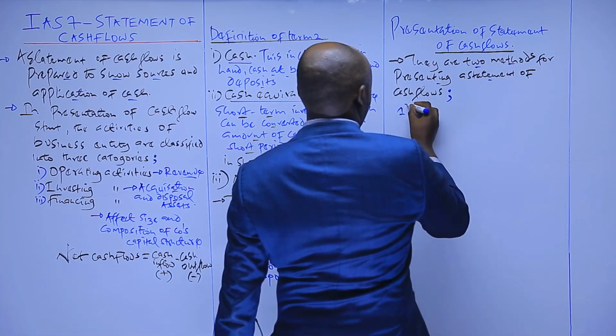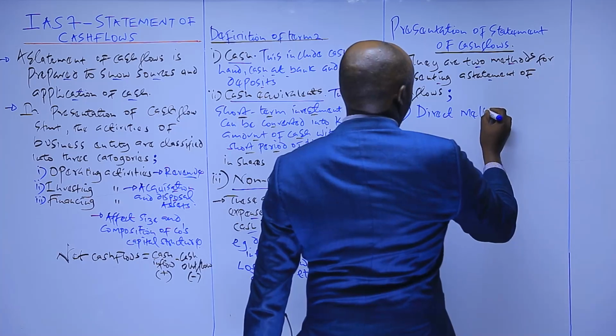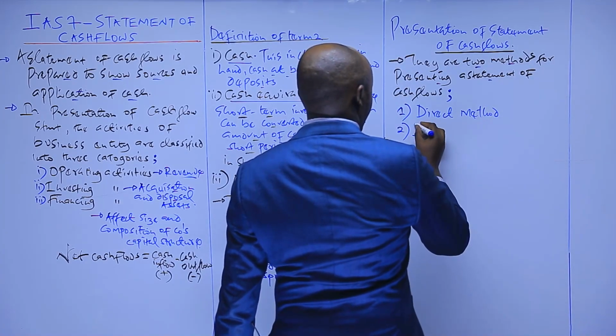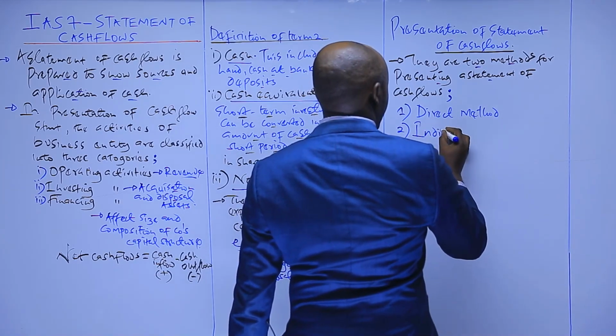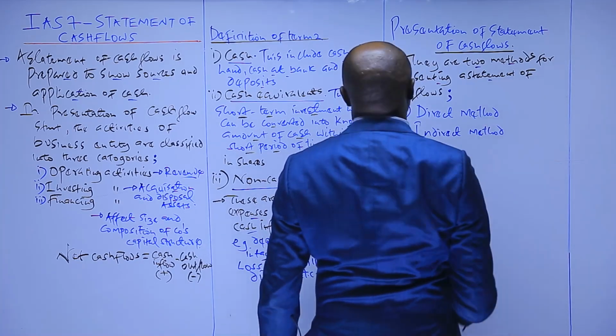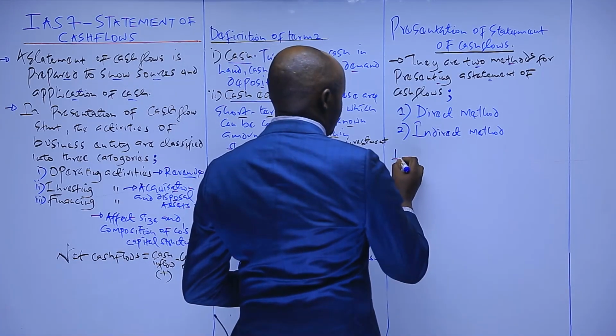The first method is known as the direct method. And number two, we have the indirect method. So let's start with the first method, which is the direct method.